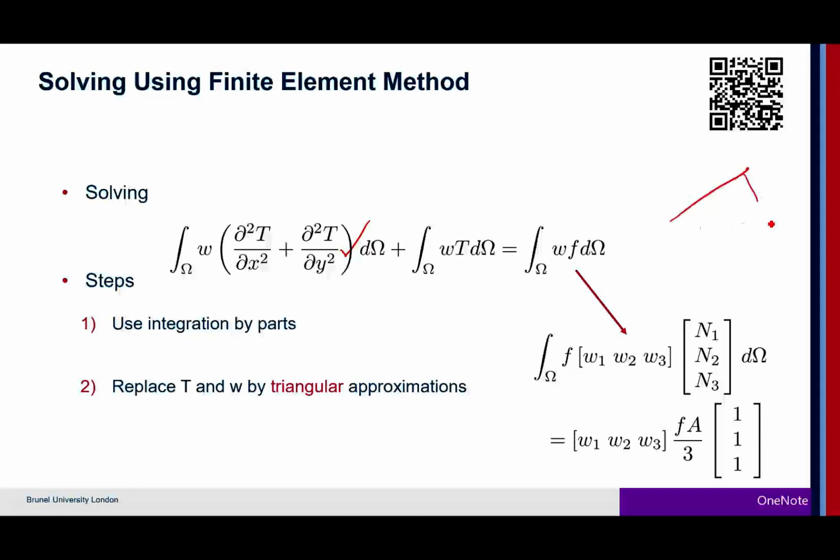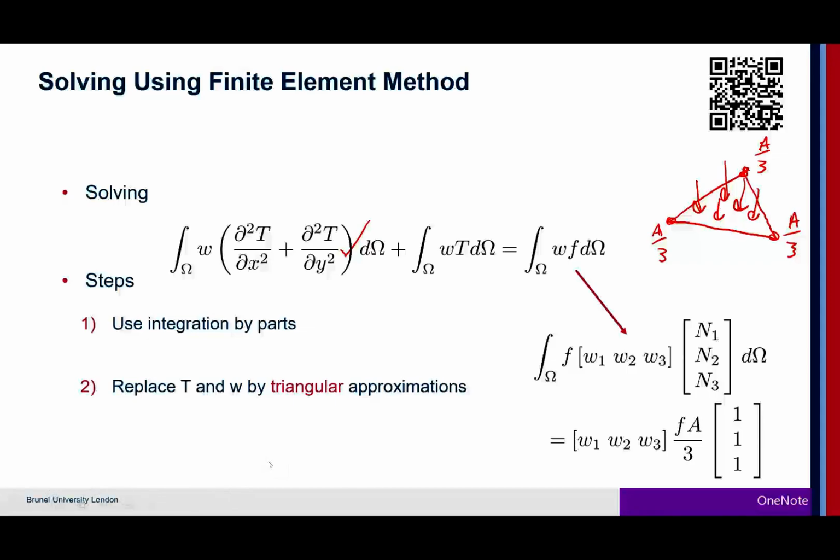If you have a force acting everywhere on that element, a body force, a constant force over the whole domain, you would expect it to apply a third here, a third here, and a third here, weighted by the area. So the bigger the triangle, the more force you're applying. A bigger triangle experiences more of this force, and that makes sense, and that's the form you get.